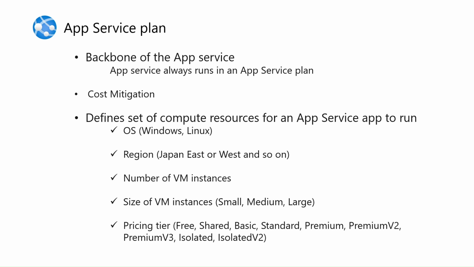handle the load. Next, it defines the set of compute resources for an app service app to run, such as the OS, whether to run in Windows or Linux, the region in which it can be hosted, for example, Japan East or West and so on, the number and size of VM instances, whether be it small or medium or large.